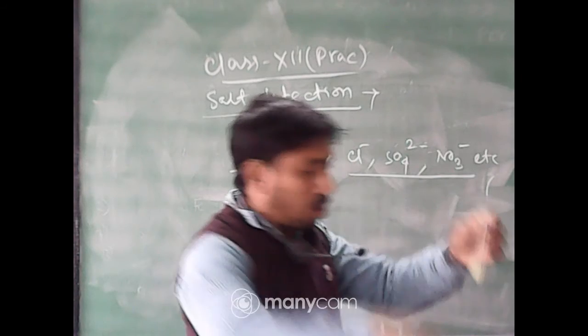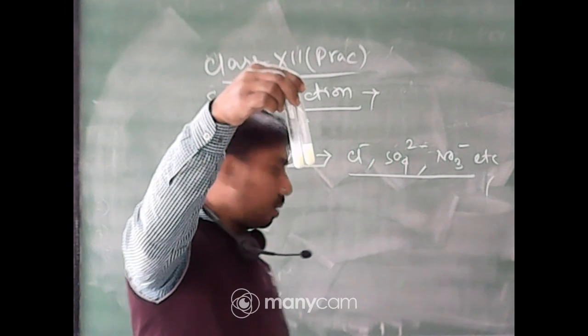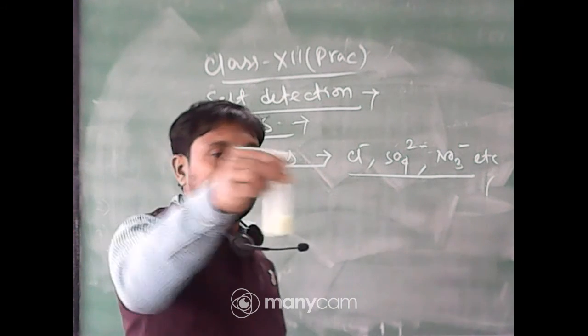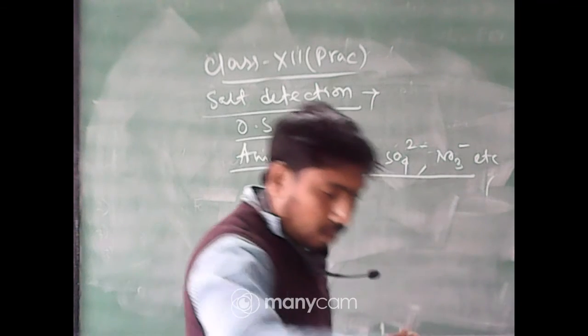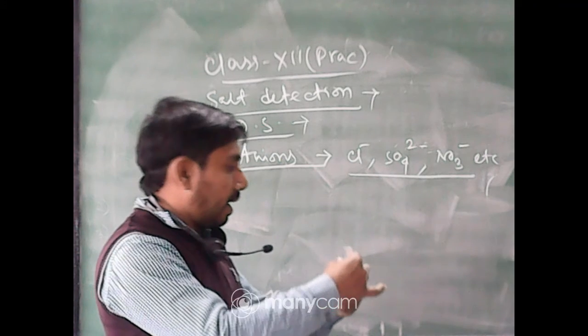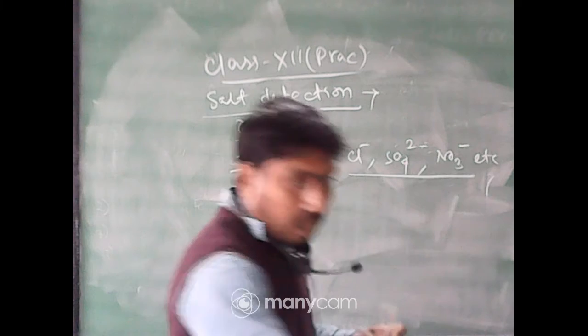Okay. Now compare these two PPTs. This is having the same color. Okay. So this indicates that as cation it is zinc, as an anion it is nitrate. Okay.